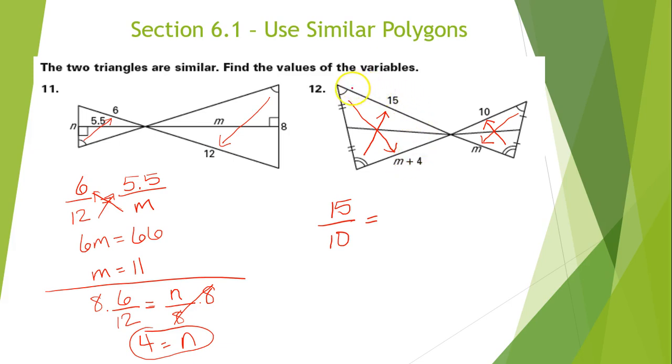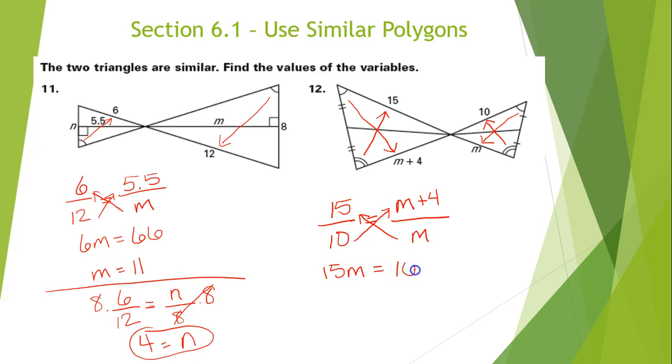And since we took the side measurement from this bigger triangle first, we're going to write the side measurement from that triangle again first in our ratio over the one over here. Okay, again, we're going to have to use cross multiplication. So 15 times m is equal to 10 times m plus 4.